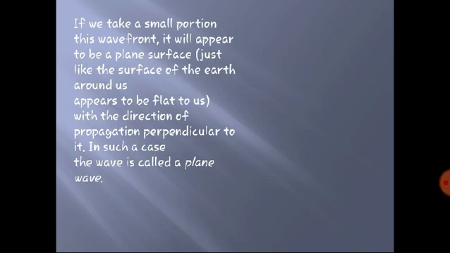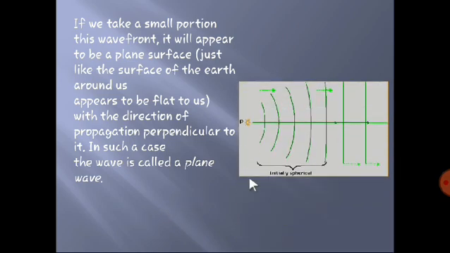So this is considered a plane wavefront. If we take a small portion of this wavefront, it will appear like a plane surface, just like the surface of the earth. This is called plane waves. So initially it is spherical. After going away from the point source, we get plane surfaces. We get plane waves, and the wavefronts related to plane waves will be plane wavefronts.